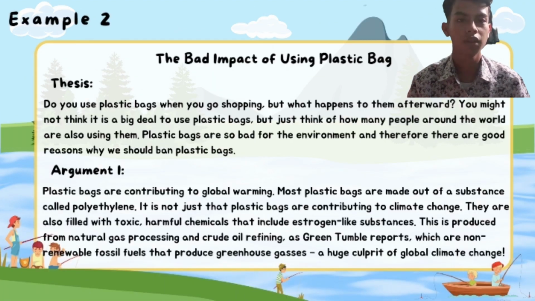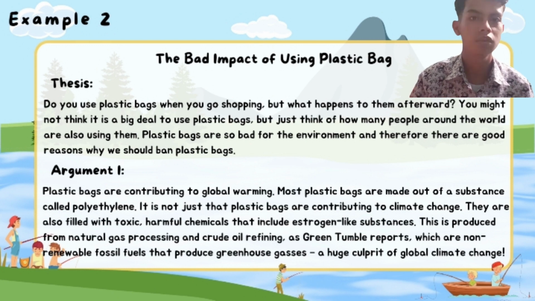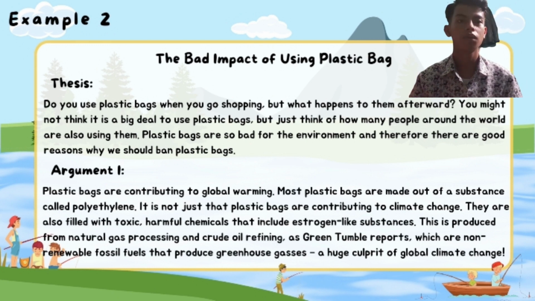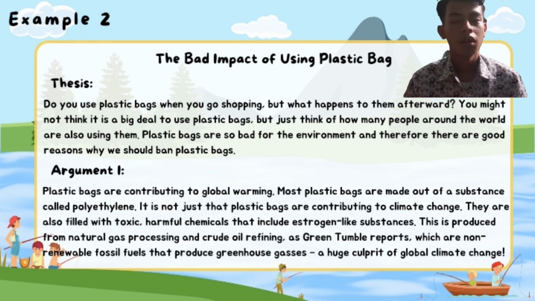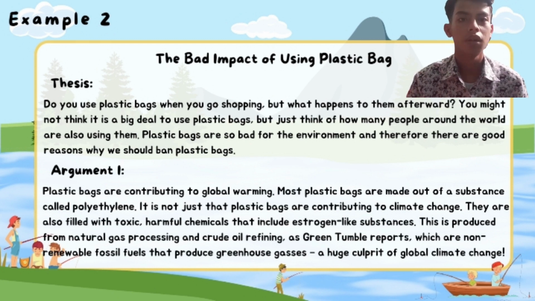The second example is entitled Bad Effects of Using Plastic Bags. The author provides a profound view on the issue being discussed. In the thesis section, the author provides an overview of the topic to be discussed. In arguments 1 and 2, the author provides some information in the form of facts.